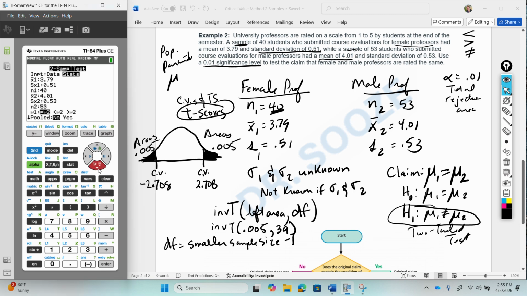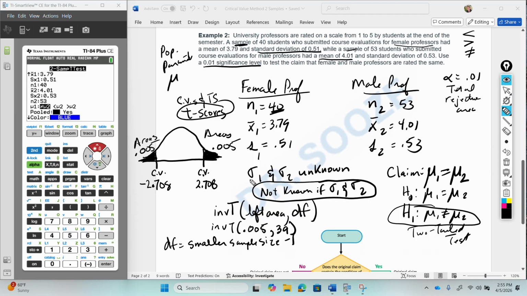Now we come to having to make a decision on this pooled. If you're told that even though sigma 1 and sigma 2 are unknown, they come from a population where they're the same, then you will pool.